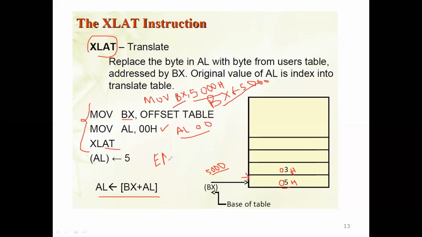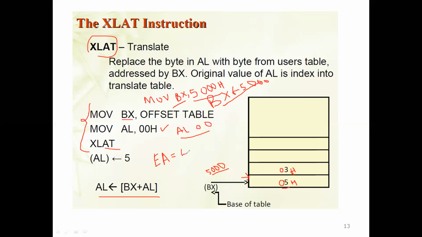Physical address calculation I have already explained in my previous class, so here I am not discussing it. The physical address is a 20-bit address, and the effective address is the 16-bit offset value, which we add to the segment value to find the 20-bit physical address.